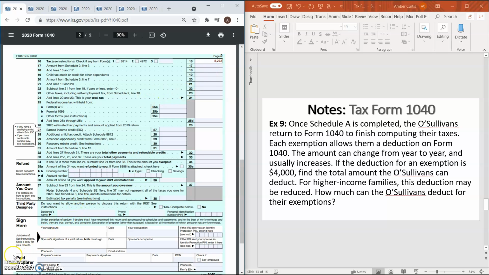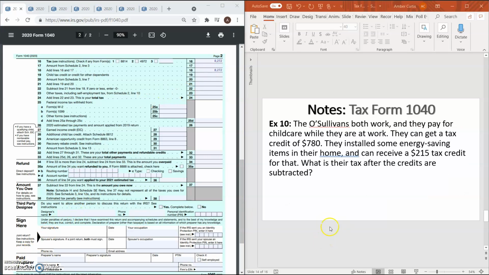$8,272. All right, so the O'Sullivans both work and they pay for childcare where they're at work. They can get a tax credit of $780 for this. So that will go on line 19. And then we're going to add the amounts from lines 19 and 20. So that's going to go on line 21, 780.